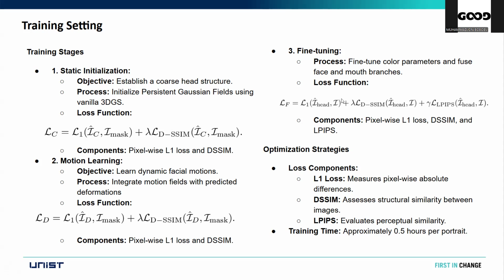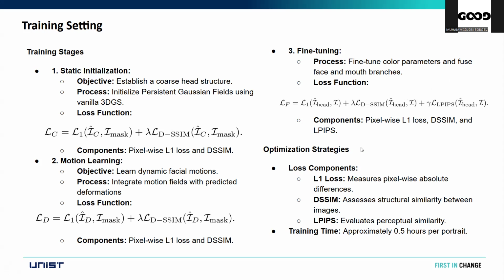For the fine-tuning stage, they fine-tune the color parameter and fuse the face and mouth branches, as we discussed before. On this part, they use the pixel-wise L1 loss and structural similarity loss. They also use perceptual similarity in order to capture the perceptual difference between the reconstructed image and the ground truth image.